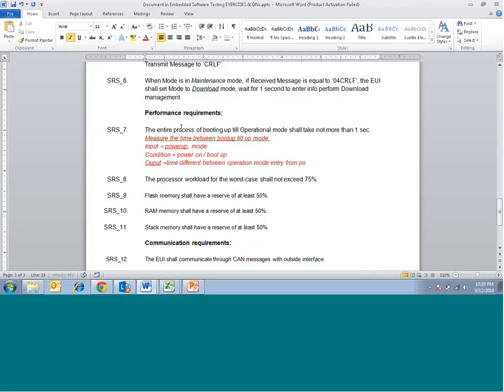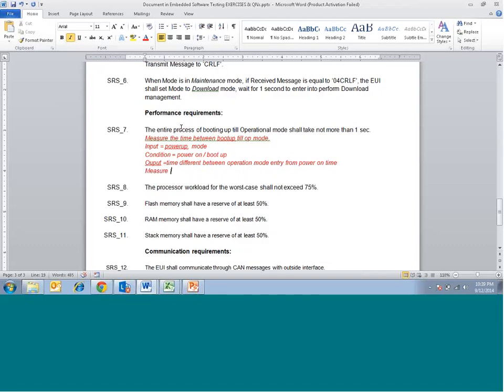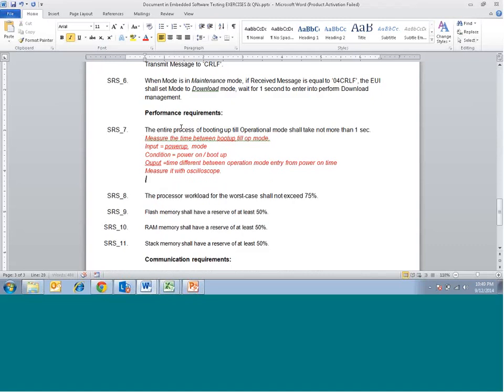So we need some instrument called an oscilloscope. With the oscilloscope we may need 2 tapping points, or we may not need 2, depending on what sort of processor we have. Suppose power up has pin number 20, where you can see the glitch of the signal pulsing at a certain level, 5 volts if it is. We can observe that with 1 pin captured there.